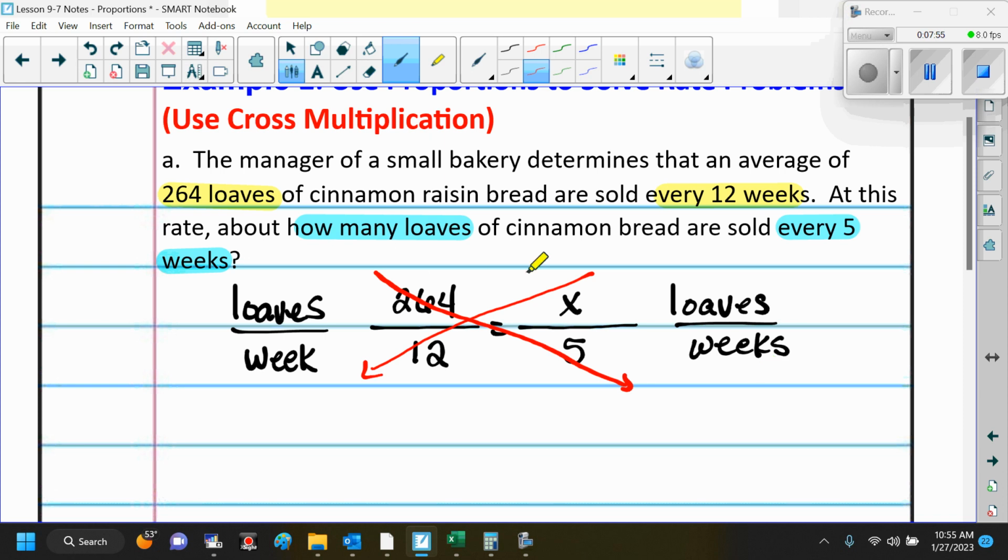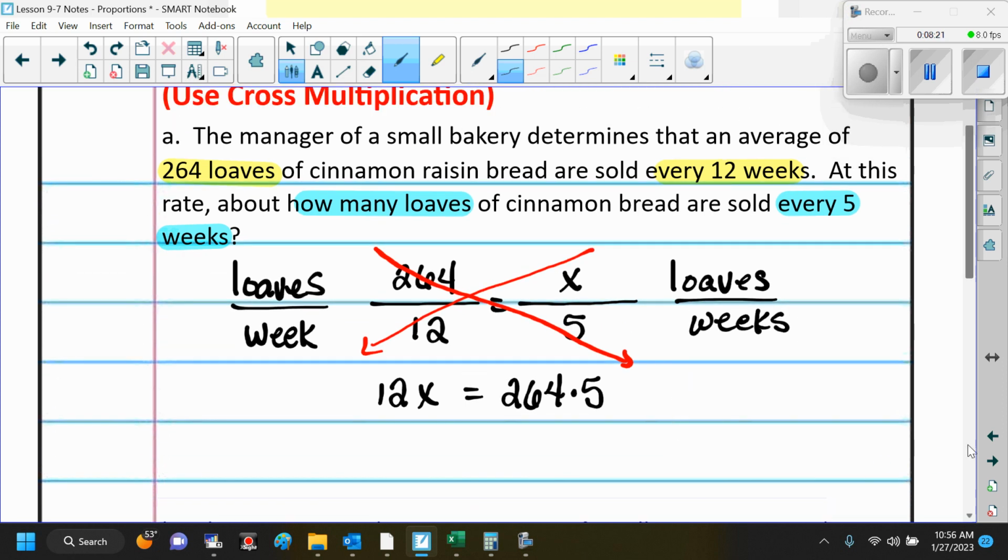When I cross multiply, I get cross products which are equal. So on one side, we have 12 times x equals, and on the other side, we're multiplying 264 times 5.